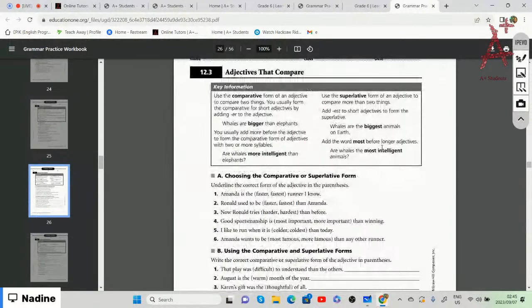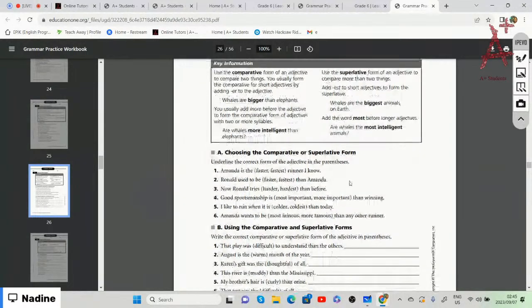And we add est to short adjectives to form the superlative. And whales are the biggest on earth. So biggest. But if we have more than 2 syllables, right?